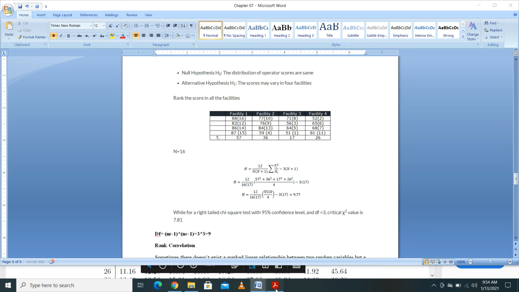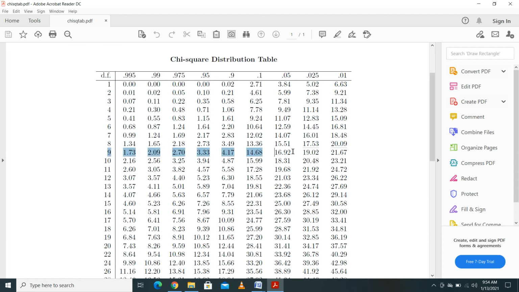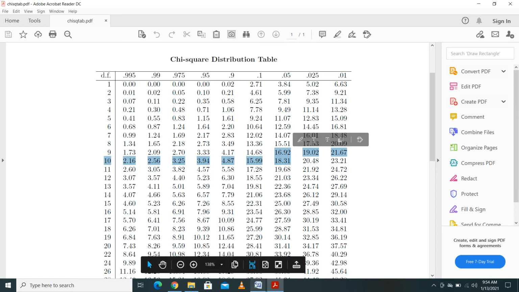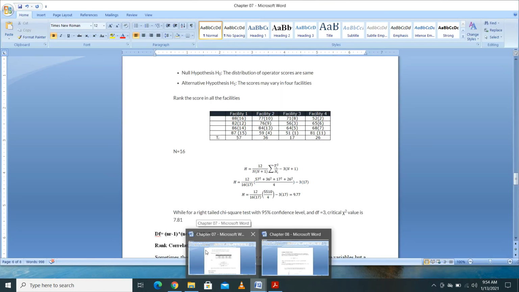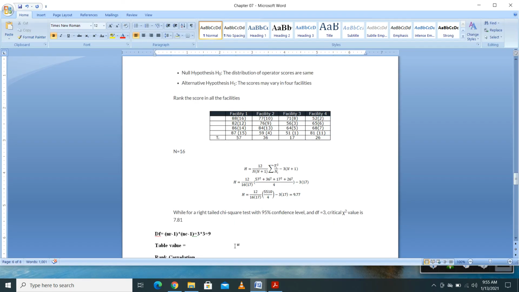Now you have to check the chi-square value. With 9 degrees of freedom, the chi-square table value is 16.92.